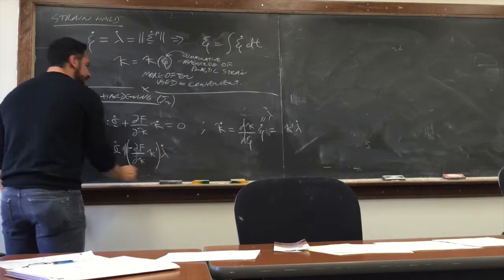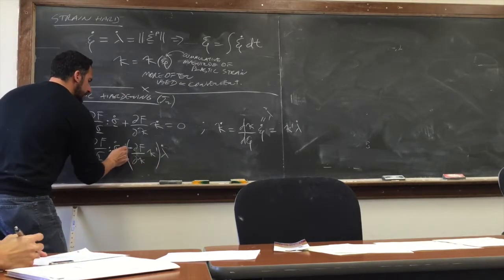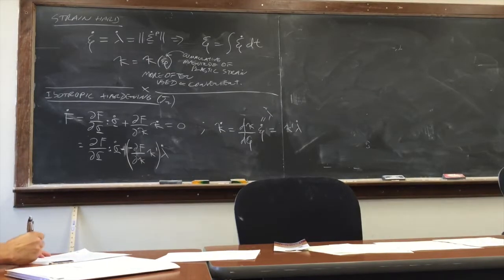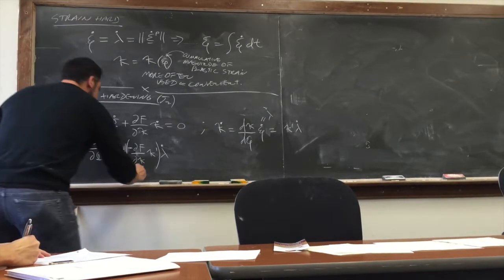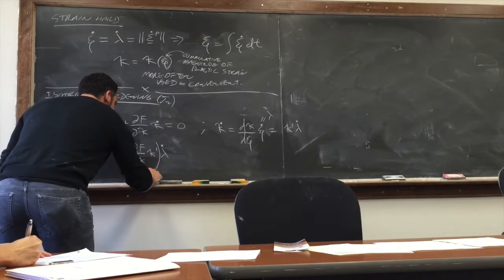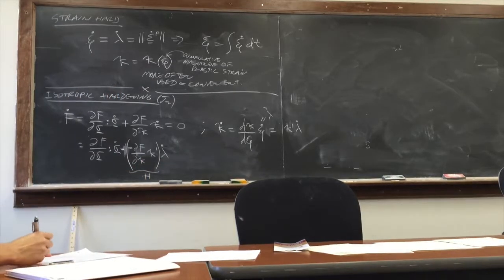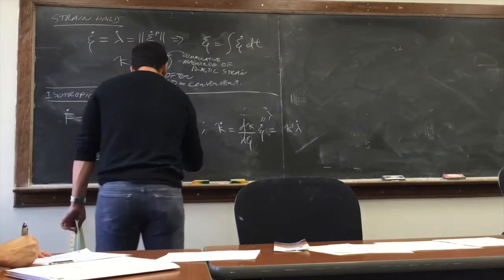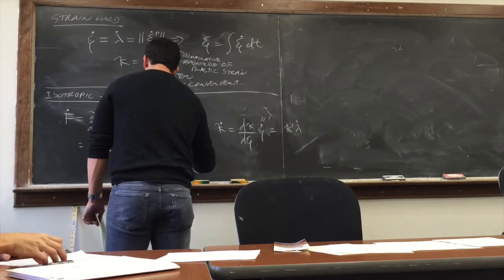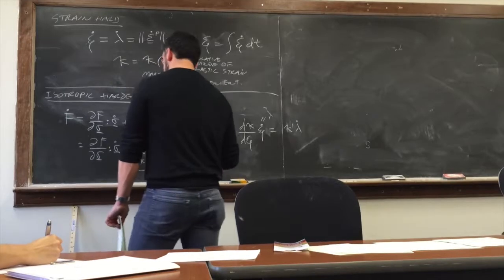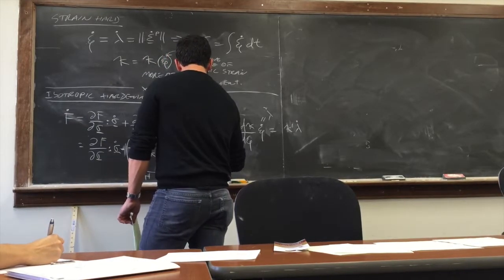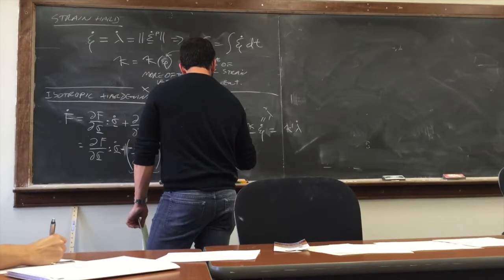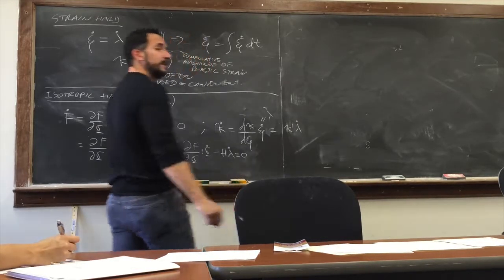I'm going to put parentheses here, and I'm going to put another negative sign here. Okay. And I'm going to define this as a good old friend we used to call H. Remember H prime? Okay, its very close relative is back. Now we call him H. So this whole thing becomes dF d sigma double contracted with sigma dot minus H lambda dot has to be equal to 0.